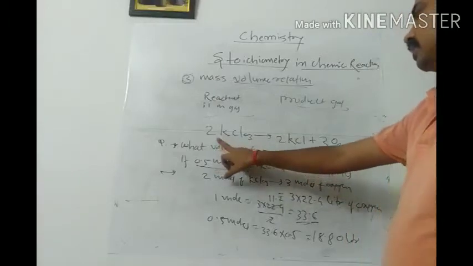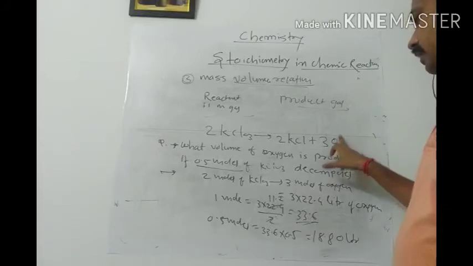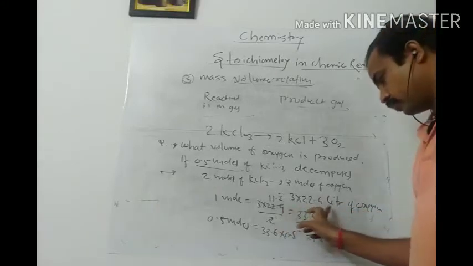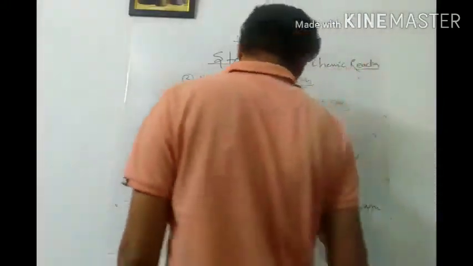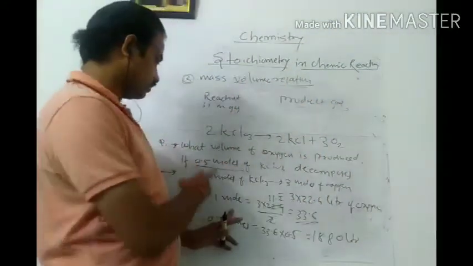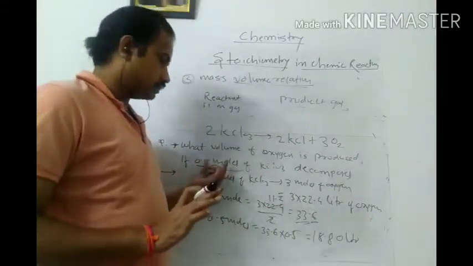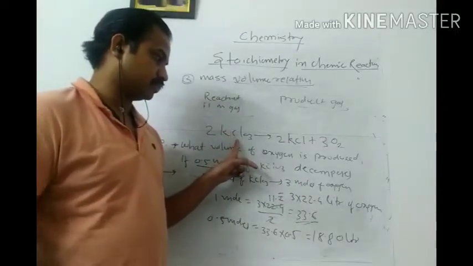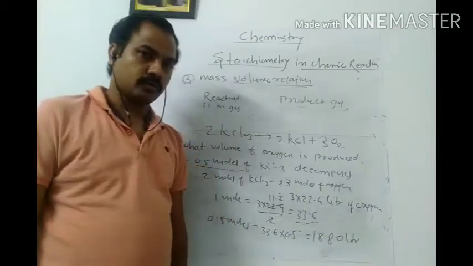So 2 moles of KClO3 decomposes, it gives 3 moles of oxygen. I am just converting these 3 moles into liters, so 3 into 22.4, according to Avogadro's number, isn't it? So it becomes 3 into 22.4 liters. And in your question, when 0.5 moles decomposes, it will give me the answer in liters of oxygen.